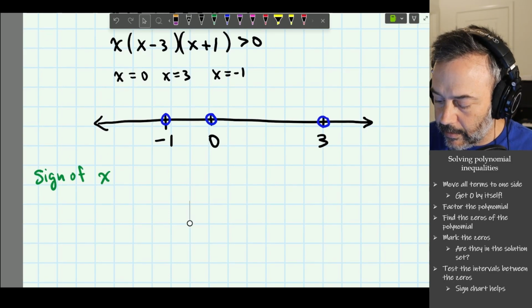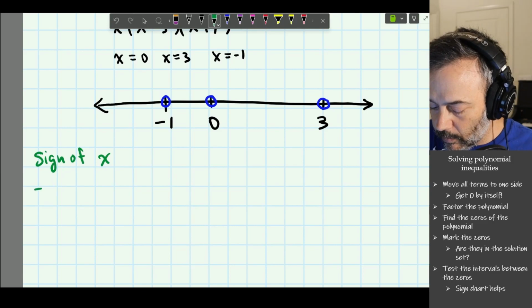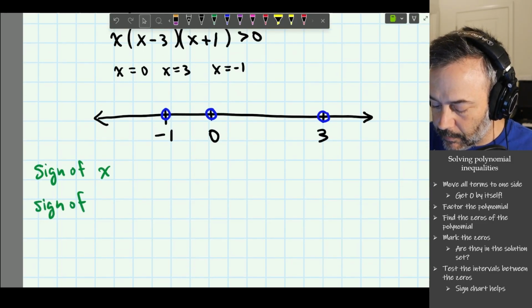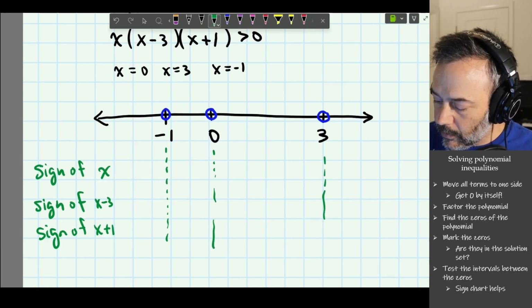What is the sign of x in each of the intervals? What is the sign of x minus 3? What is the sign of x plus 1? And we're going to check it in each of the intervals that we have.